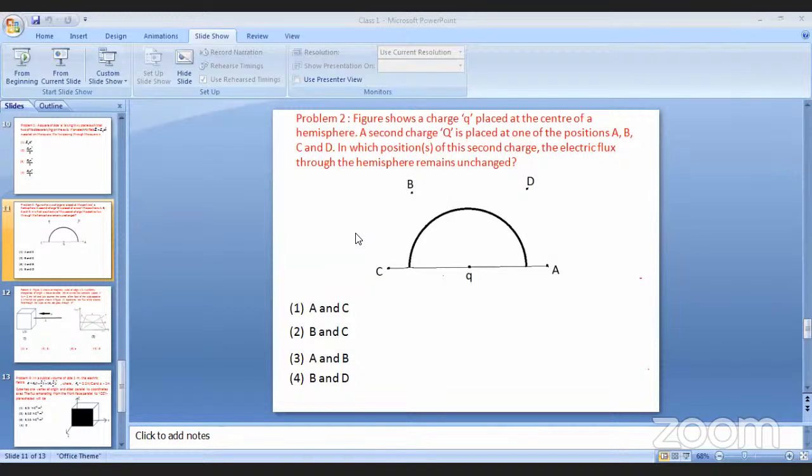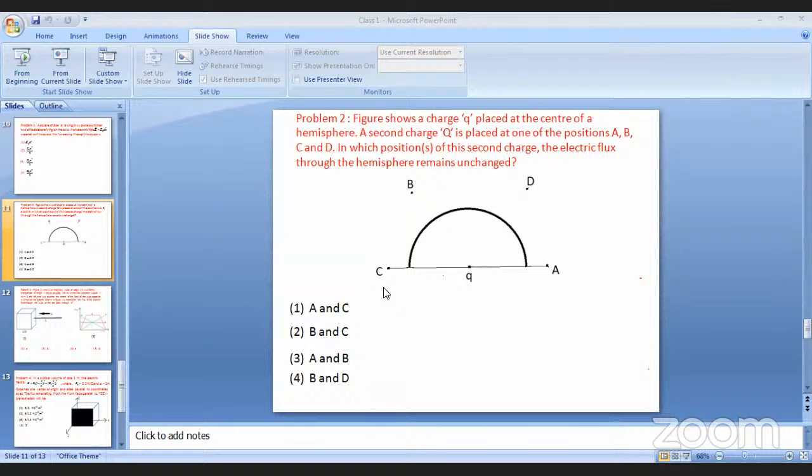Sir, I think third, A and B. A and B. You have to give reason for that too. Sir, it is outside of the hemisphere. But the point B is also outside the hemisphere, and the point C is also outside the hemisphere.